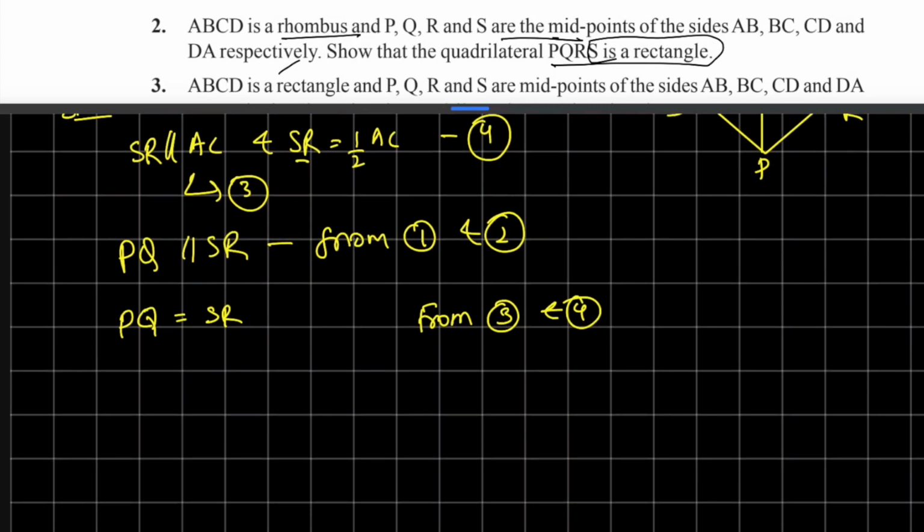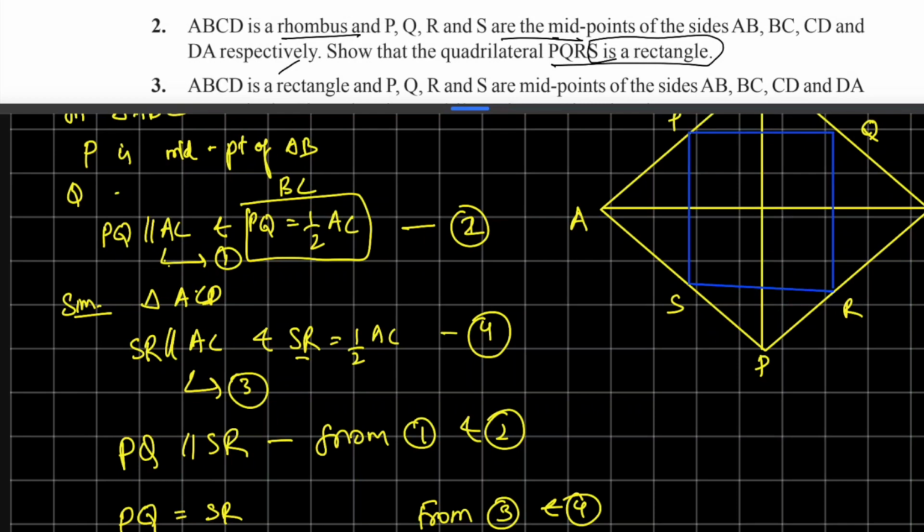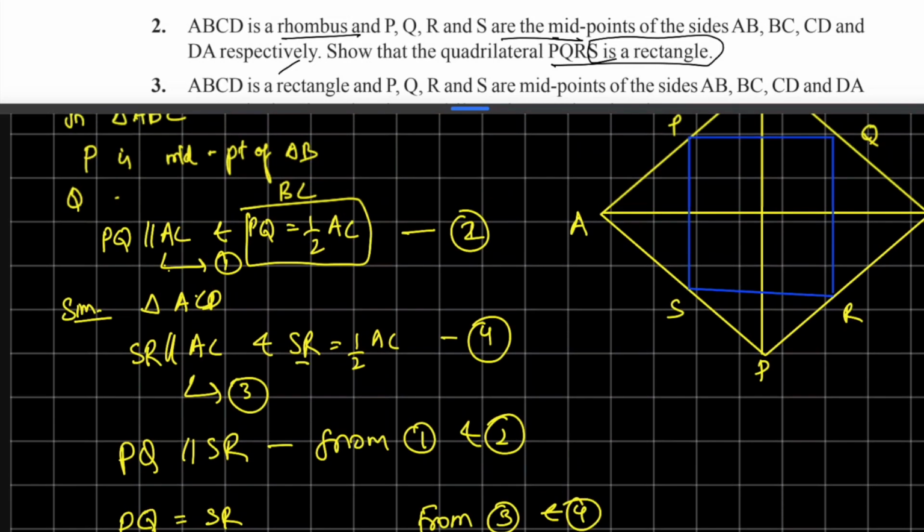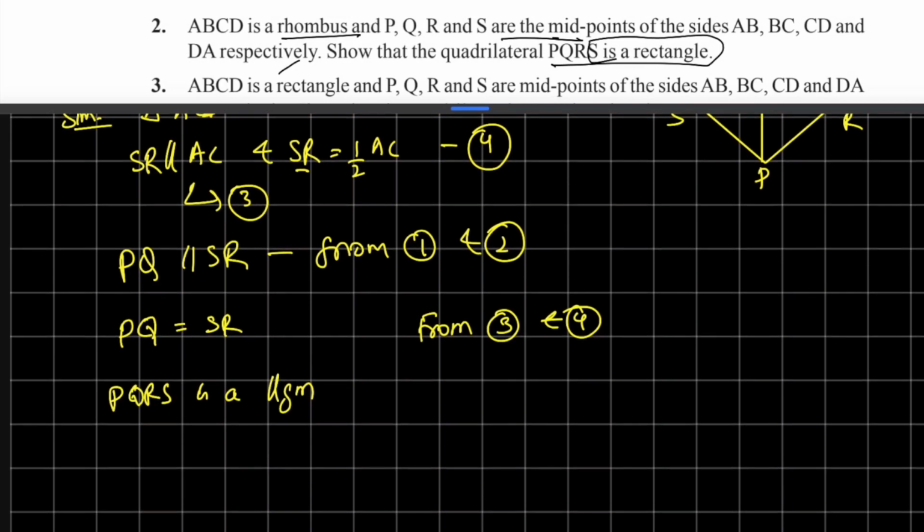Now as soon as you realize that PQ and SR are parallel and equal to each other, we can say that PQRS is a parallelogram. The first point is already shown, that PQRS is a parallelogram, and now we have to prove that it is a rectangle.